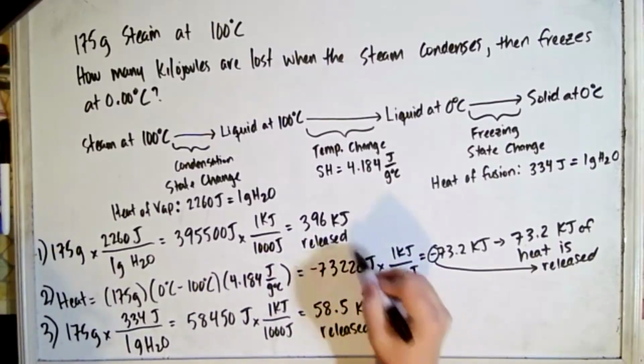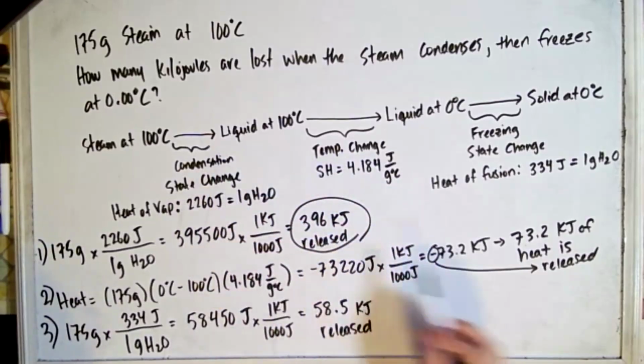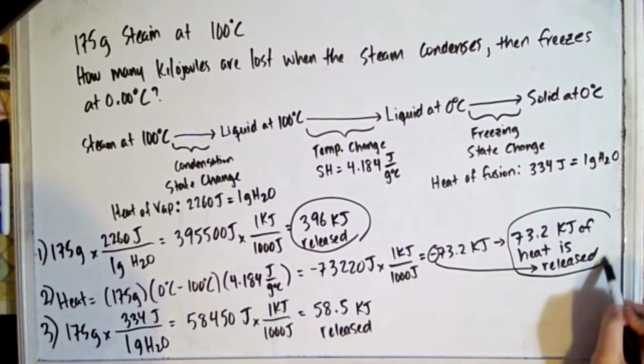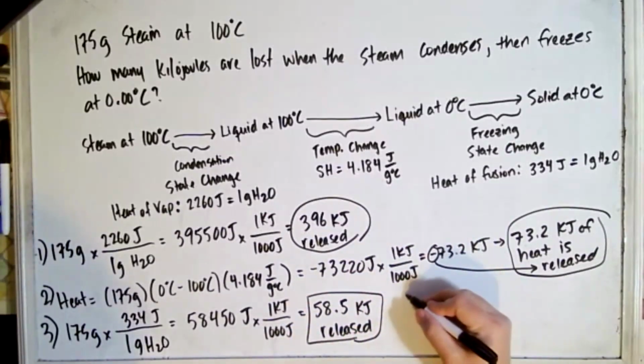And now we're going to look at all these heat values. This is what was released in our condensation step. This is what is released during our temperature change. This is what's released during our freezing. To get the total, we have to add them all together now. Okay.